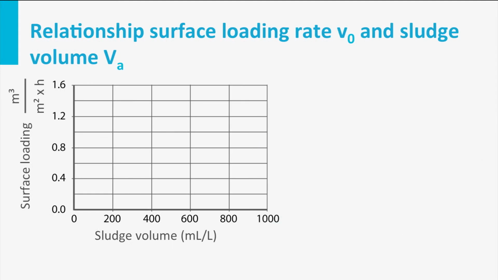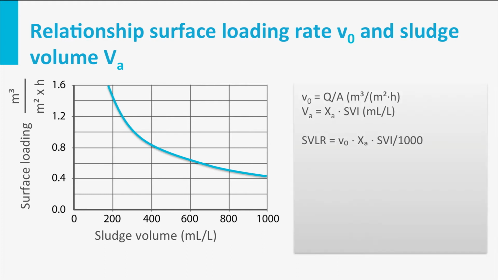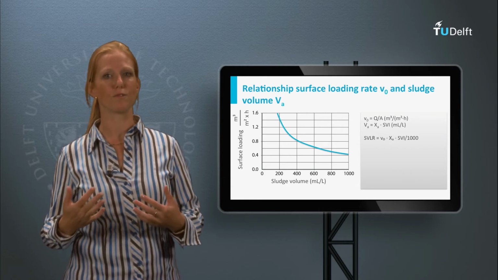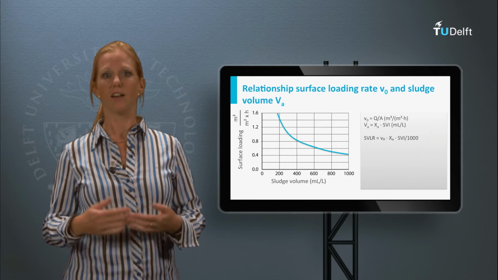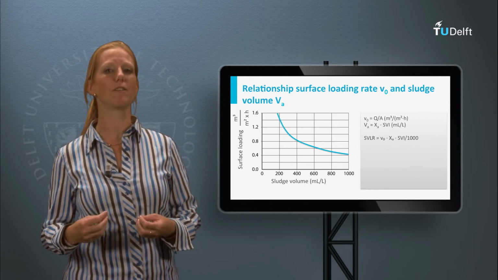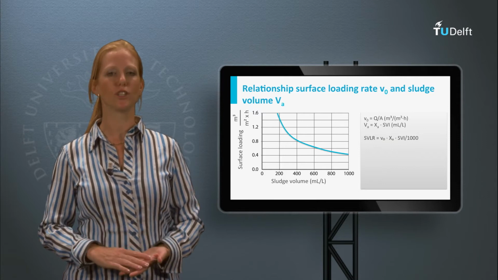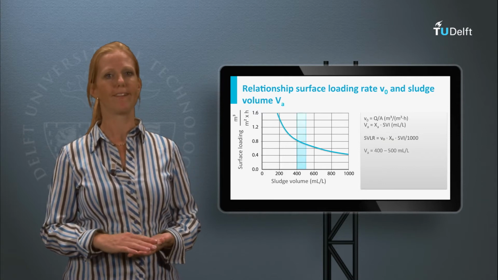The applicable surface loading is visualized in this graph. The sludge volume is the volume that the sludge occupies in 1 liter of mixed liquor, calculated by multiplying the sludge volume index times the sludge concentration. To determine the sludge volume, to estimate the surface area of the final clarifier, the sludge concentration in the aeration tank is taken as its equilibrium concentration during stormwater flow.